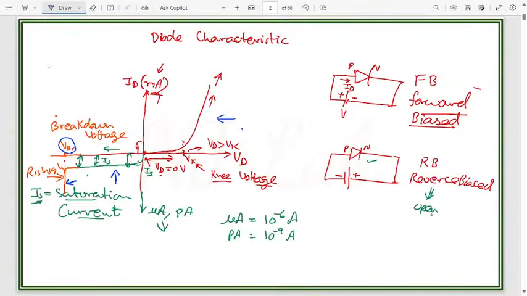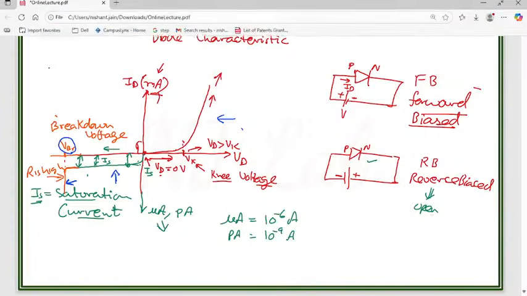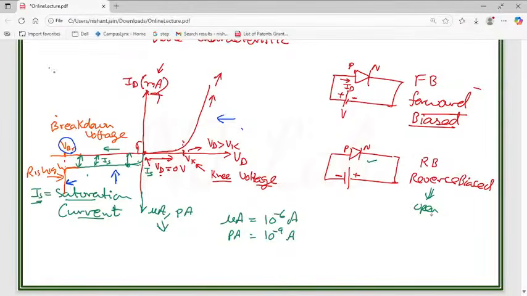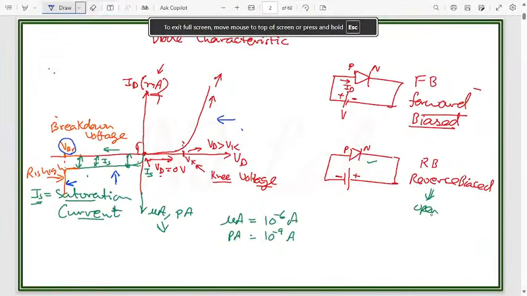Right. Now this complete characteristic is defined by the Shockley equation. Let me erase this a little bit.